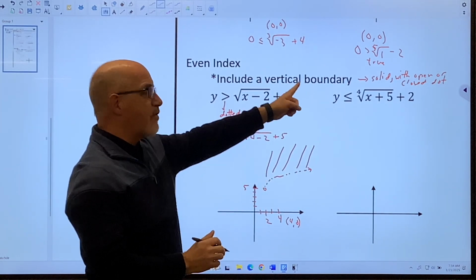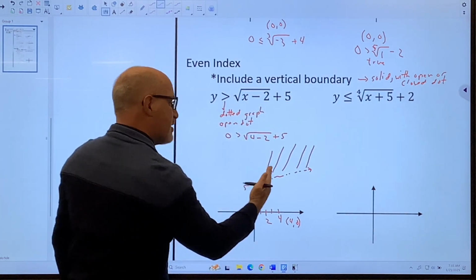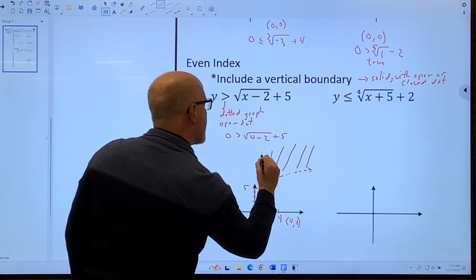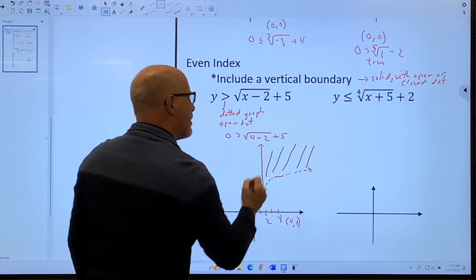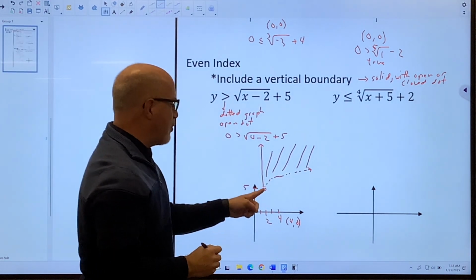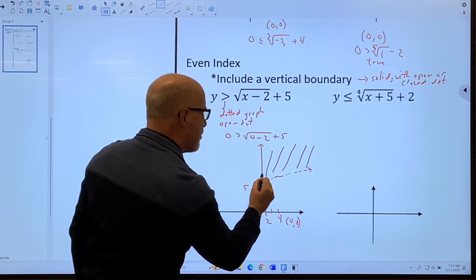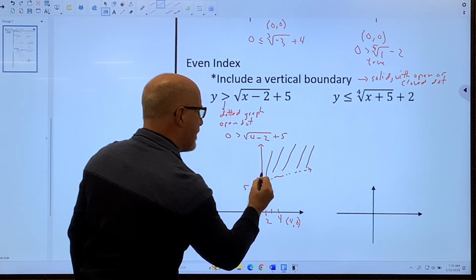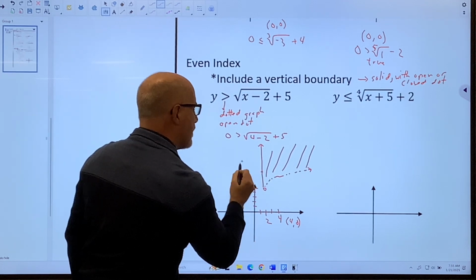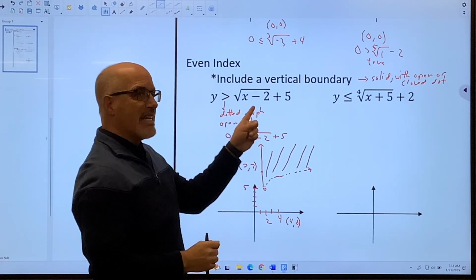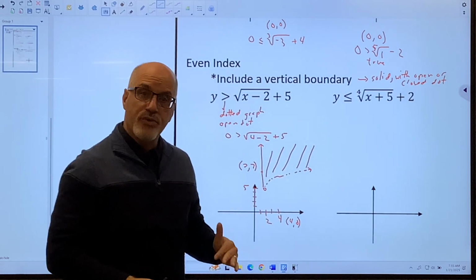Now, here comes the vertical boundary. There's a stopping point here, and we have to draw a solid vertical boundary here because if you put in any point on this boundary, like the point 2, 7, if you were to put that into the inequality, it would be a true statement.